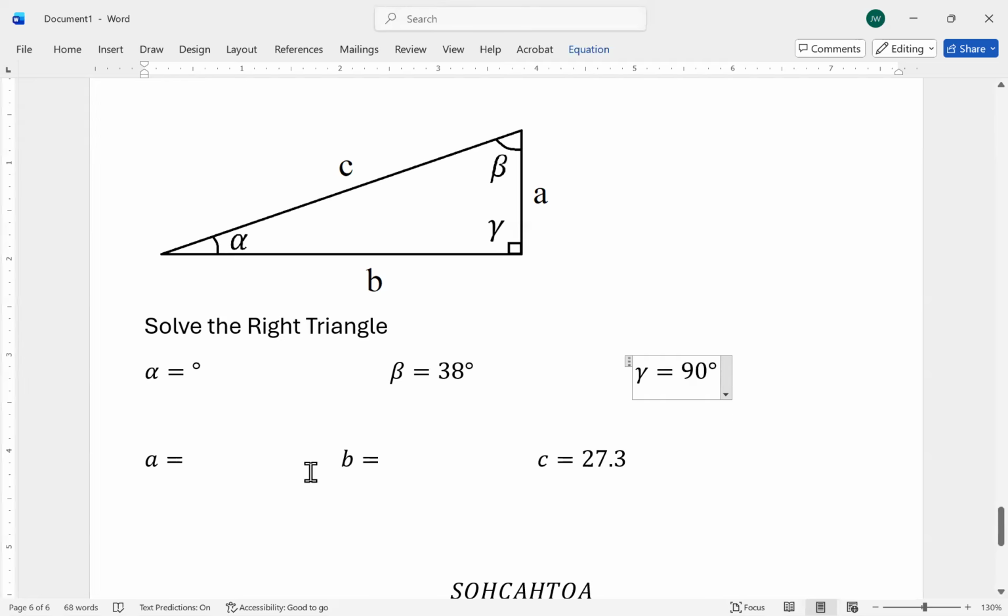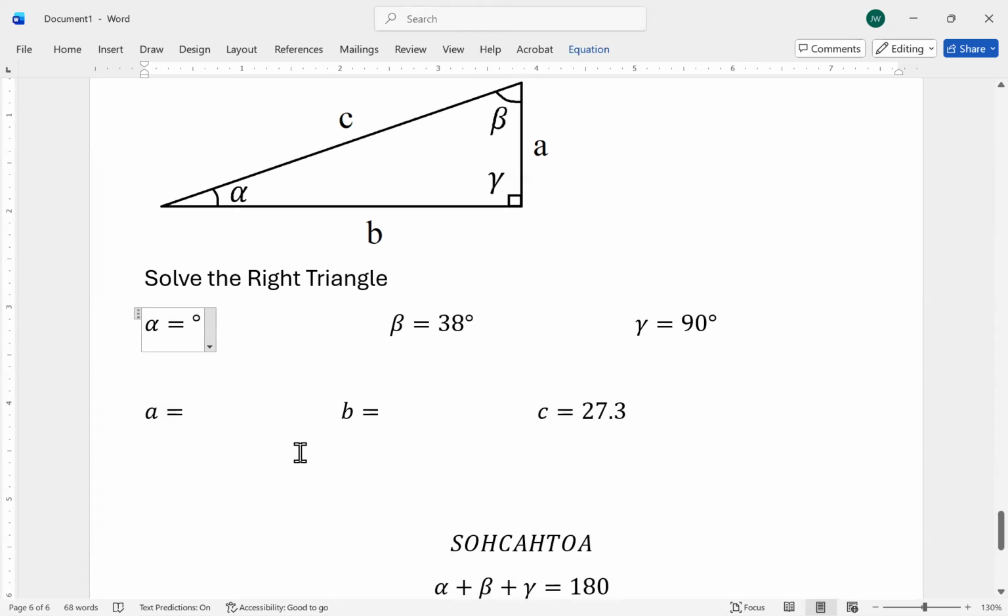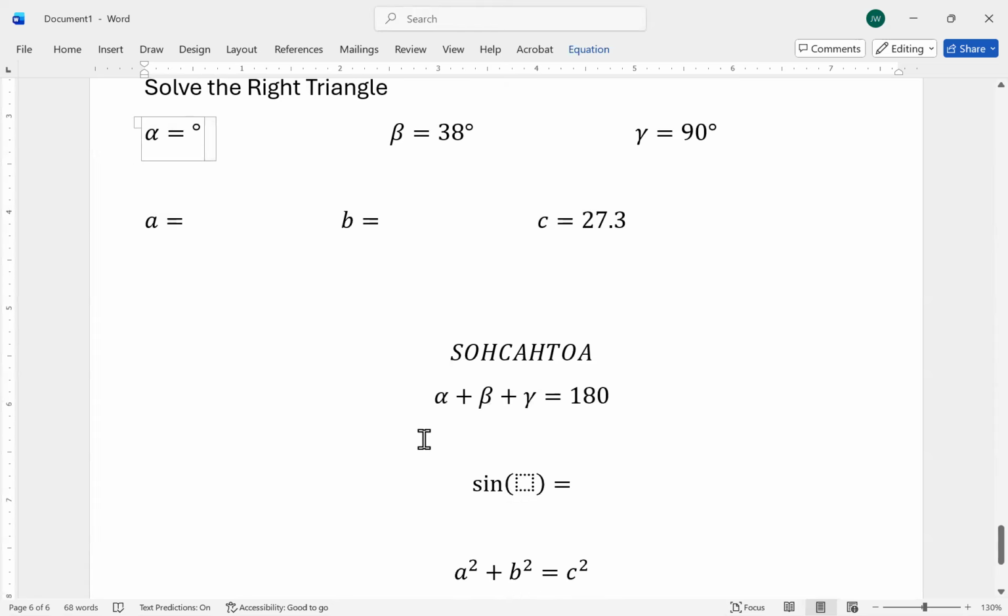And we can either find the A, the B, or the alpha next. In the previous problem, I started out finding the A's and the B's. I started finding the side lengths first. In this one, let me find this missing angle. So we have alpha plus beta plus gamma has to add up to 180.